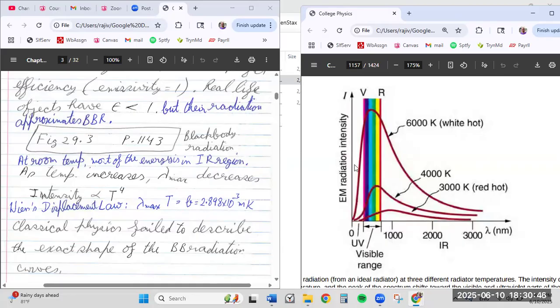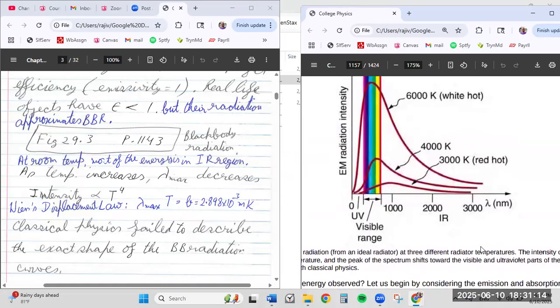In between, the colored bands that you see are the visible part of the electromagnetic spectrum, but obviously, as you can see in this graph, black body radiation exists in pretty much the entire region of the electromagnetic spectrum, both above the visible spectrum and below the visible spectrum.